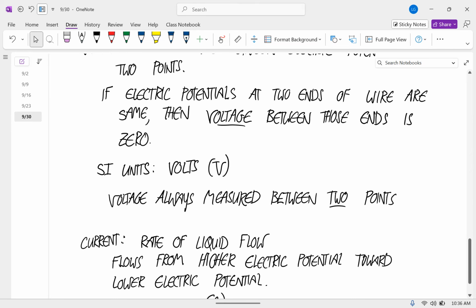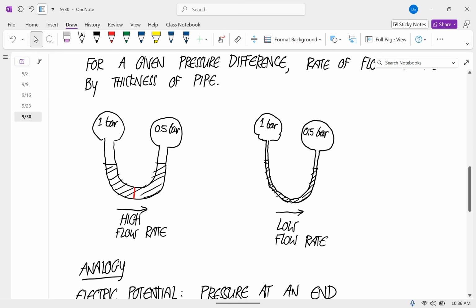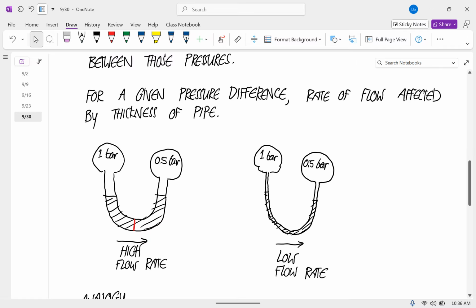You also need to know which direction it's flowing. So if this is your analogy, in this case, water would be flowing from the left to the right. Okay. And we're going to think about it the same way with electricity. But we need to always be aware which direction it's flowing.